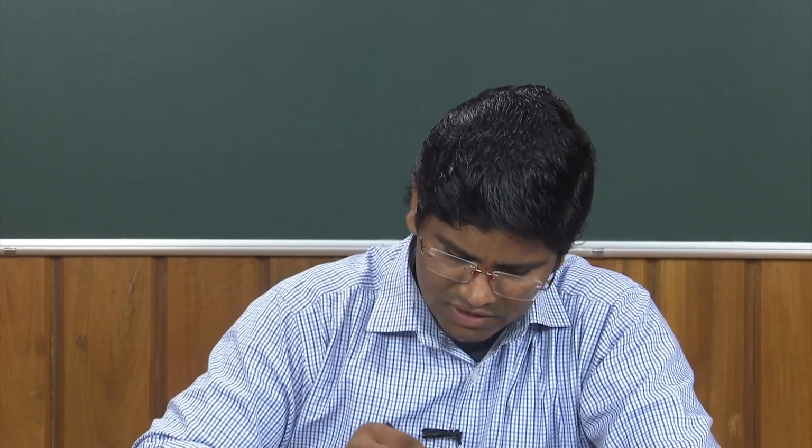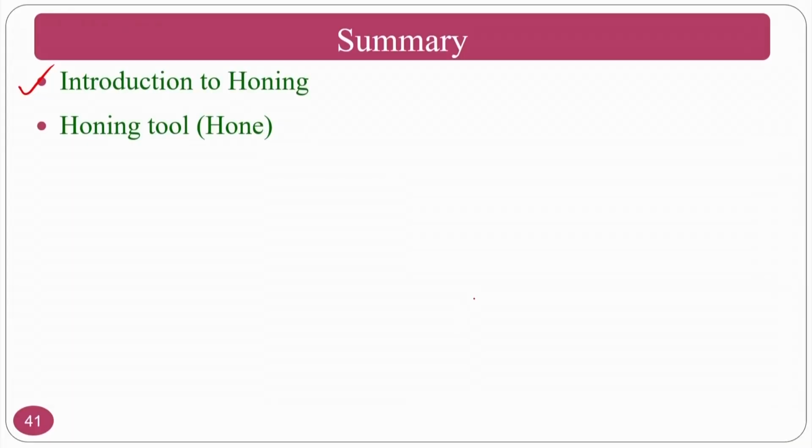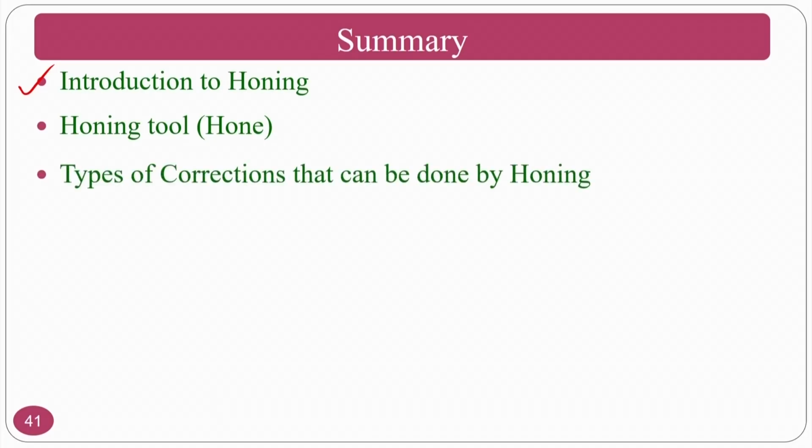Okay, coming to the summary of this particular class, we have seen the introduction to the honing process and a honing tool, which is called a hone. We can see the power stroke as well as manual stroke hones, and types of corrections like bell mouth, taper and other corrections which we have done.